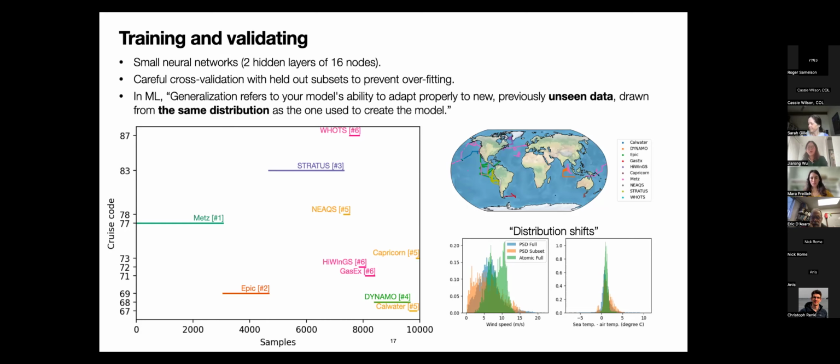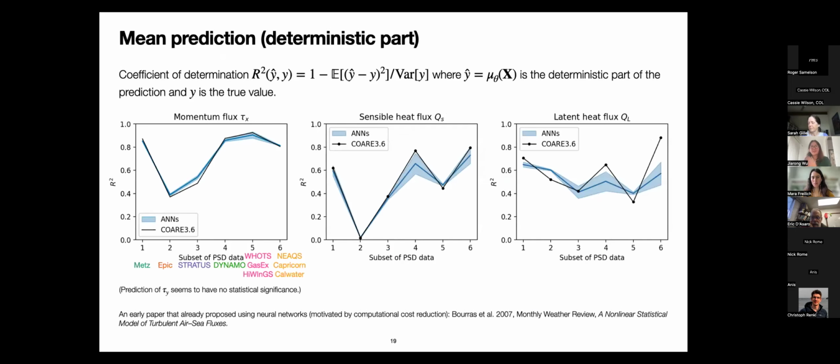So the hope is that a physics-based formula, like the bulk formula, will apply no matter what the underlying distribution is. But in reality, when we evaluate them, it seems like the predictive score is dependent on the distribution.